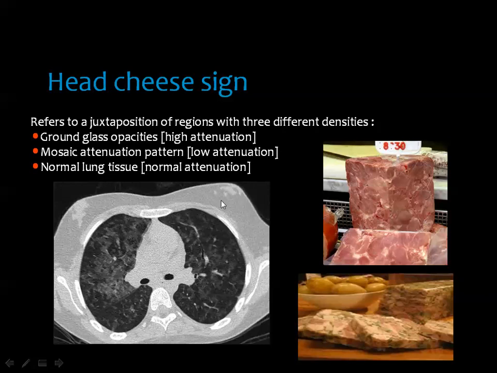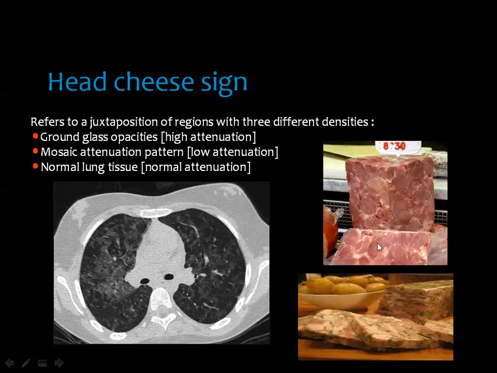These three opacities or three distributions are related to what is known as the head cheese sign, and this is the meat of the head of the pig, which is smashed into cubes, as you can see here.